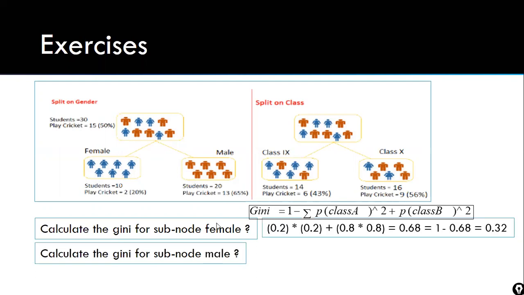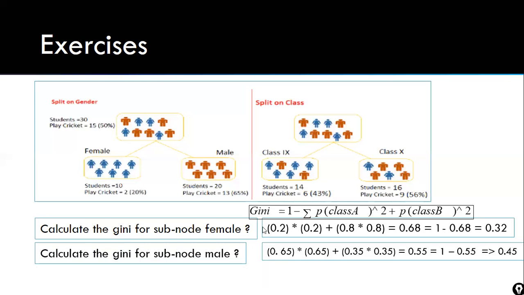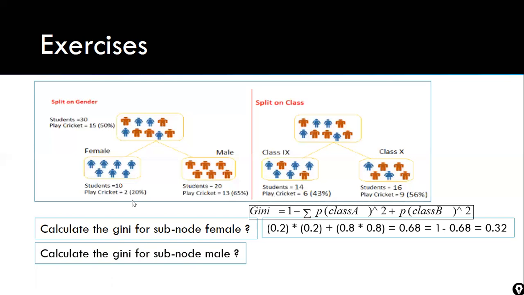Now when you use the Gini formula, 1 minus probability of class A squared plus probability of class B whole squared, we can find out the Gini for the subnode female in this case. I will just tell you the answer here itself. So here the 20%, right? So 1 minus, here probability of class A and probability of class B. For this one, we need to see: probability of class A is female, probability of class B is male.